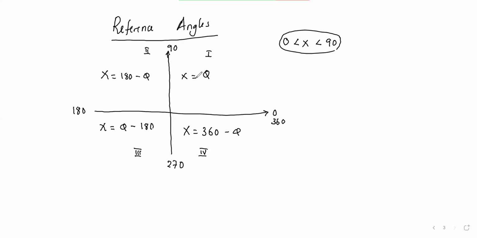It's 180 plus theta when you want to get an angle that lies in the third quadrant. Then this one is giving us a reference angle.